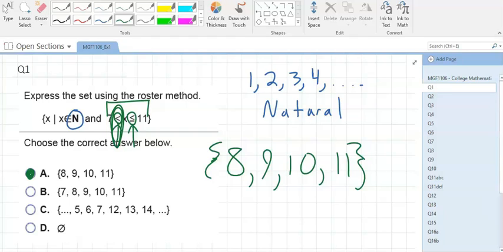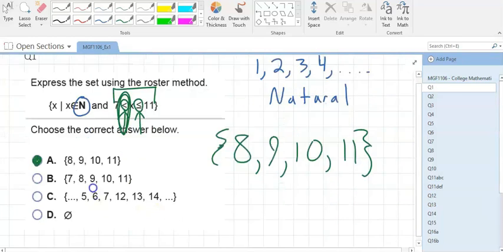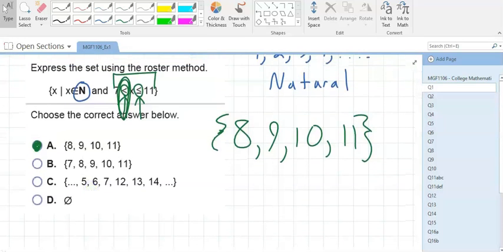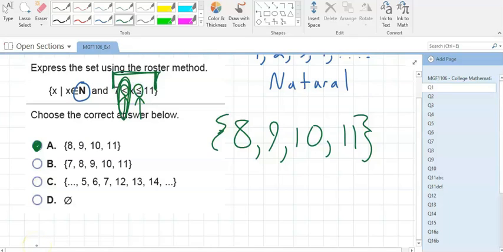So in C, we're going to have negative numbers below the 5 and all sorts of numbers above 14, when we already know that we were supposed to be stuck between 7 and 11. And then the last one says that it is the null set, the empty set, which means that we have no answers, but obviously we have answers. We have 8, 9, 10, 11. So we can't have the empty set be a part of this.